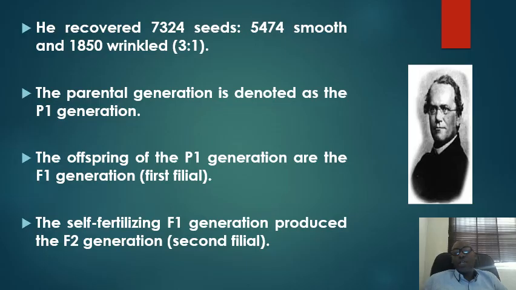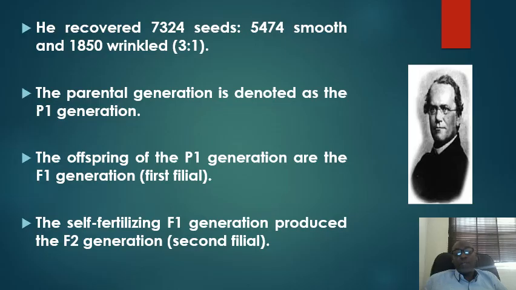Now, when making genetic crosses, take note of the symbols you use. The parental generation is given as the P1 generation, and you show the parents, male and female. After fertilization, the offspring obtained from the P1 generation is known as the first filial generation.